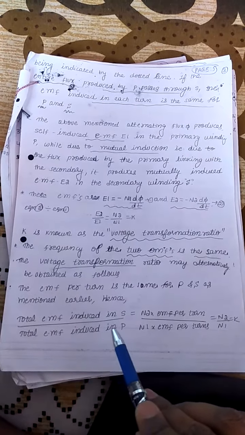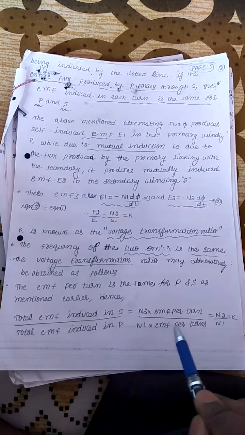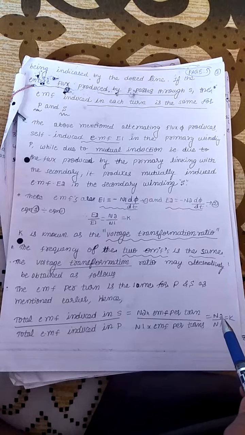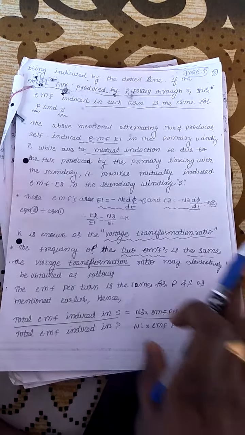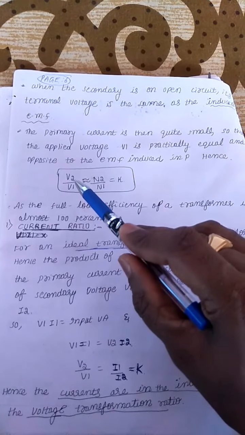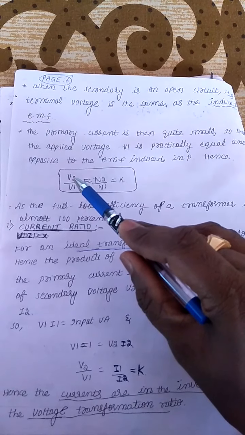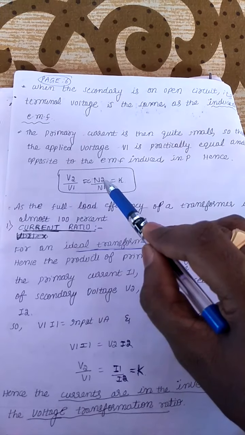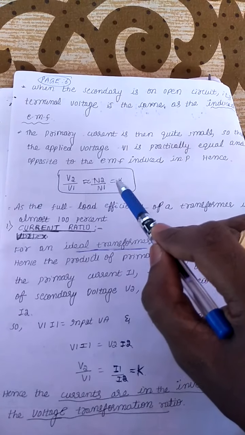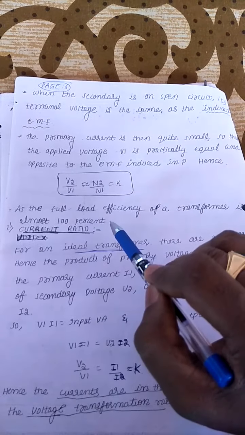The total EMF induced on the primary side is N1 times the EMF per turn. So, per turn, K = N2/N1. Here you have the relation between primary and secondary voltage and turns: V2/V1 = N2/N1 = K.